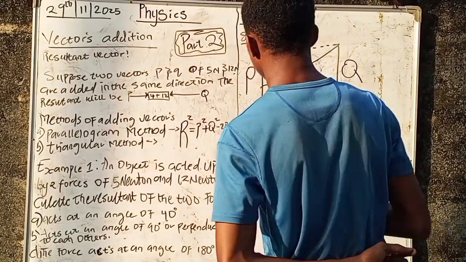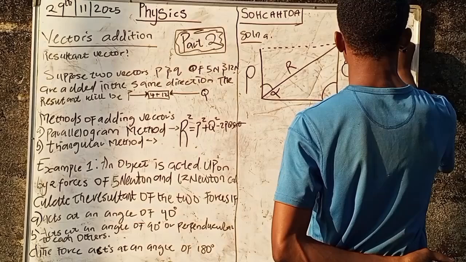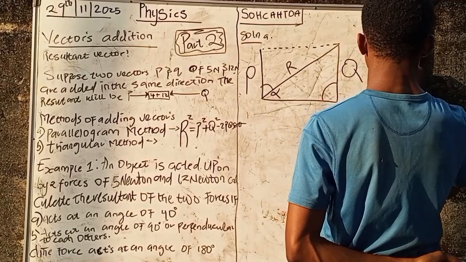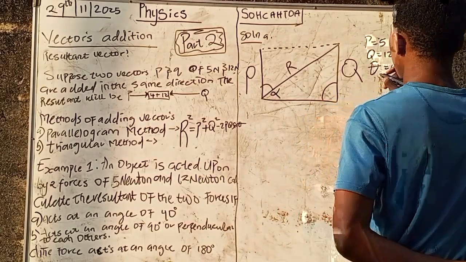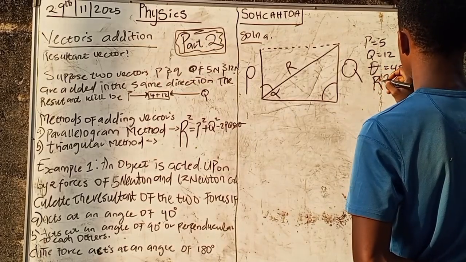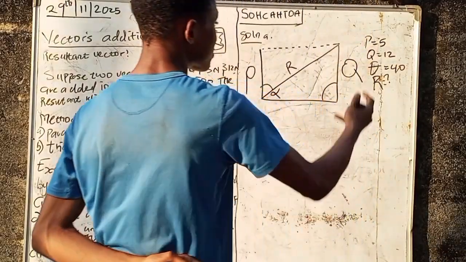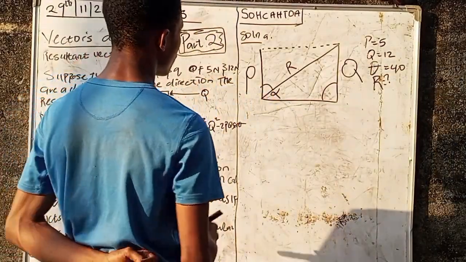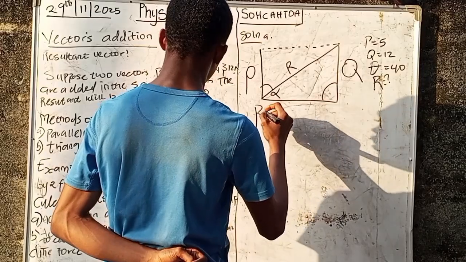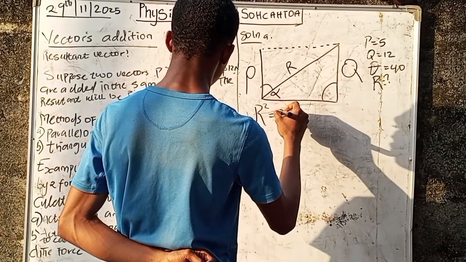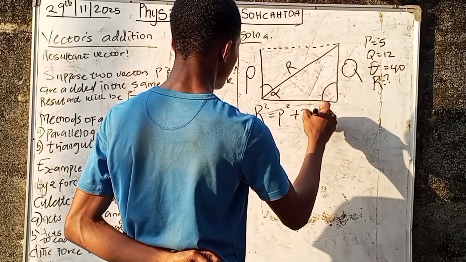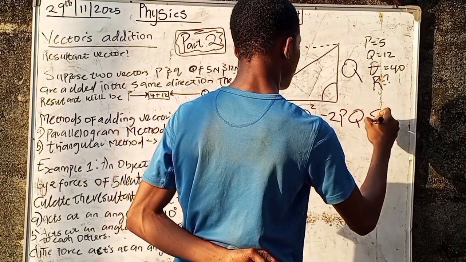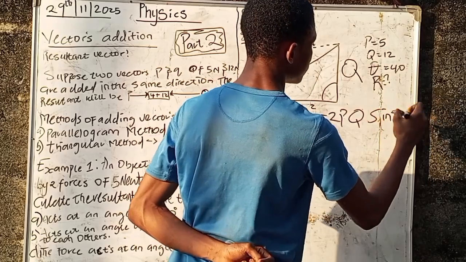Let us bring out the given information here. P is equal to 5, Q is equal to 12, theta is equal to 40 degrees, and what we are looking for, the resultant, is unknown. Write out the formula: R square equals P square plus Q square minus 2PQ sine theta.